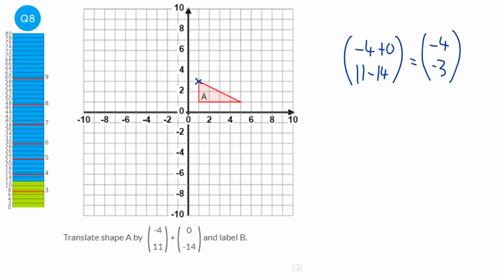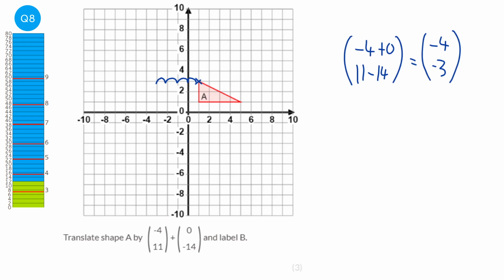Then I go pick a point on my shape, and the top one tells us how far right we're going. So we know we're going 4 to the left because it's obviously a negative. So we're going to go 1, 2, 3, 4. The bottom one tells us how far up we're going.